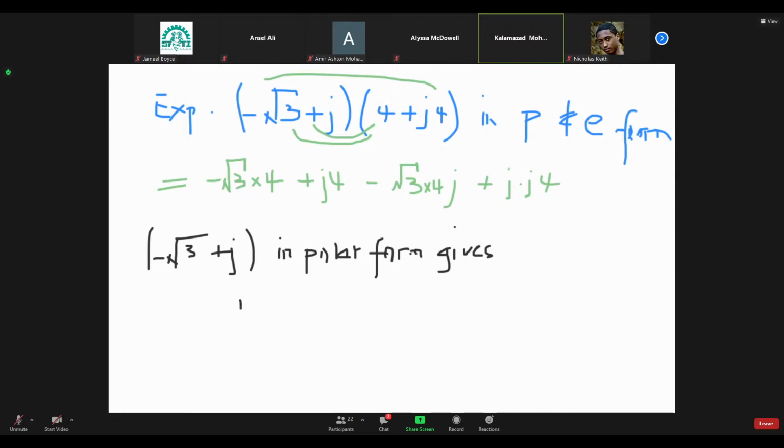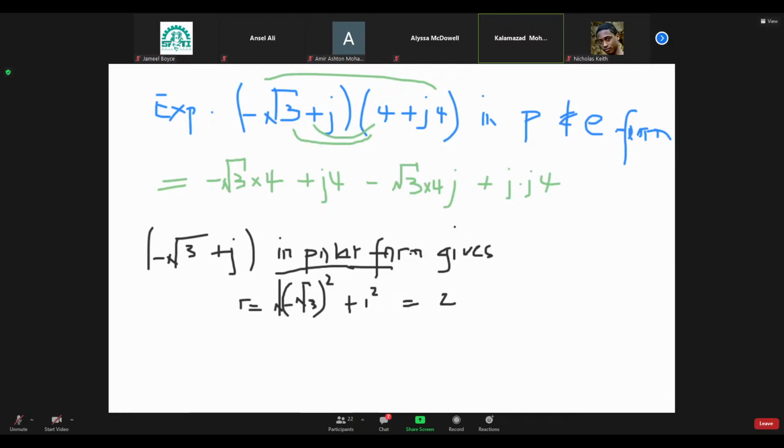So r is equal to the square root of minus root 3 all squared, plus 1 squared.